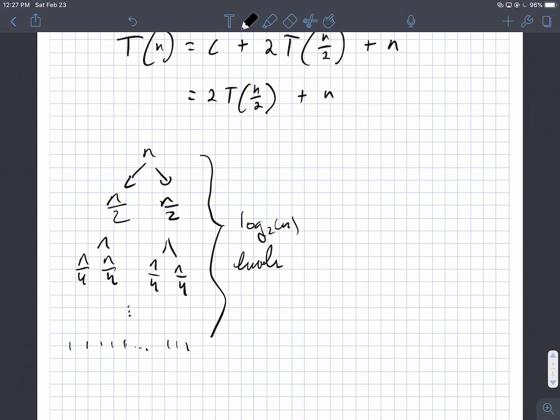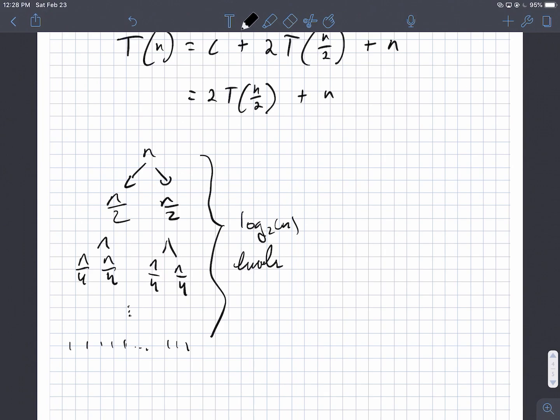So any questions on the way I drew this tree and how I arrived at this tree? Okay, so that's our tree, and now we're trying to figure out how much work is being done at each level. What it looks like is we have n work being done per level, and we have log base 2 of n levels.